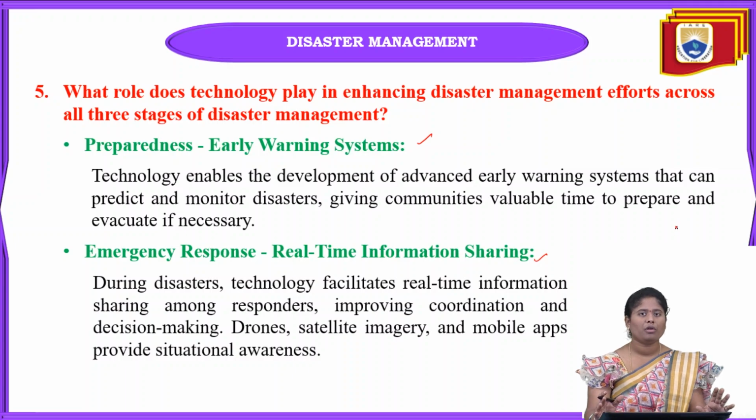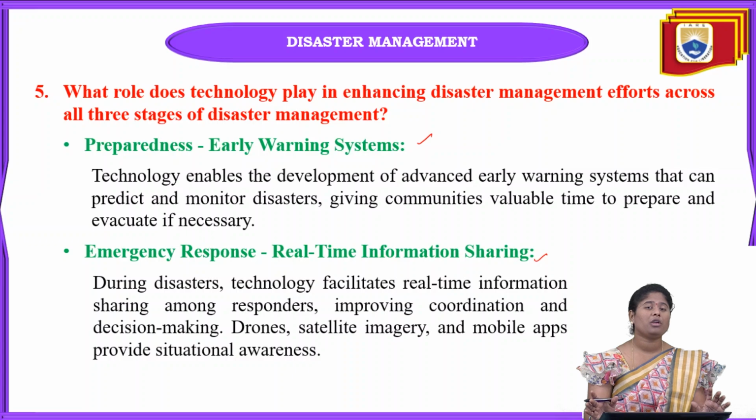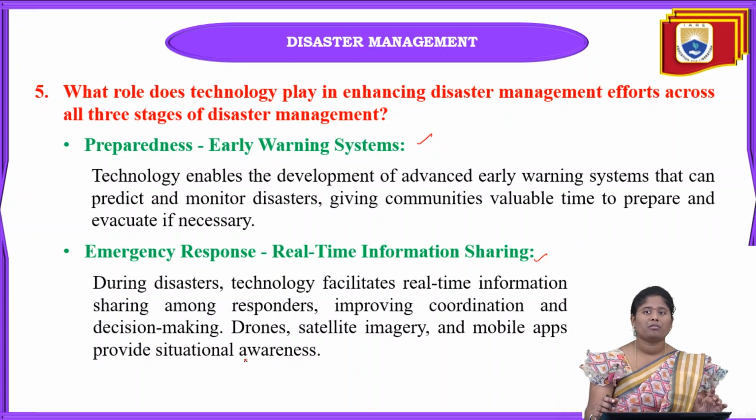So when we look at the people who are affected by this disaster, we have to share real-time information among the responders, and also improve the coordination and decision making, by using technologies like mobile apps, satellite communication, and drones to provide situational awareness.